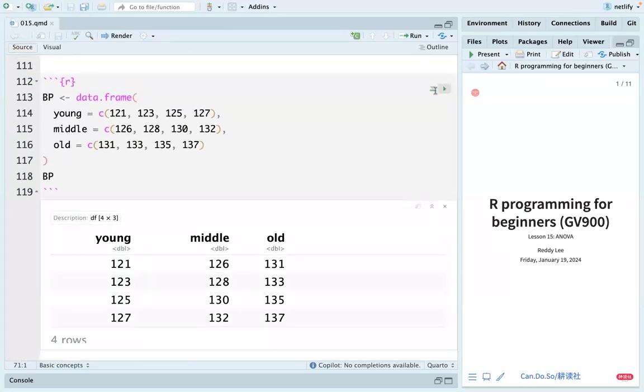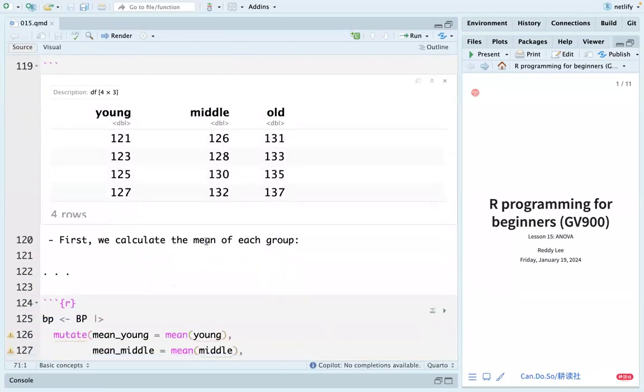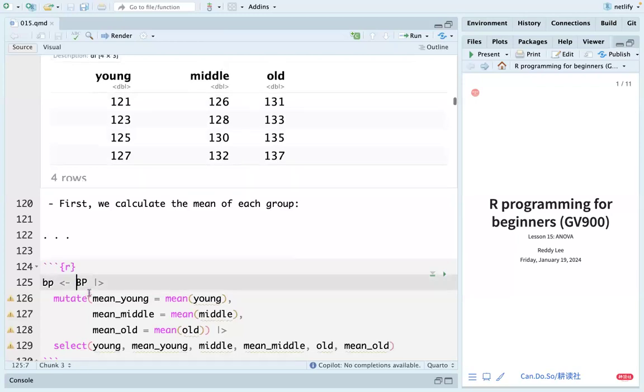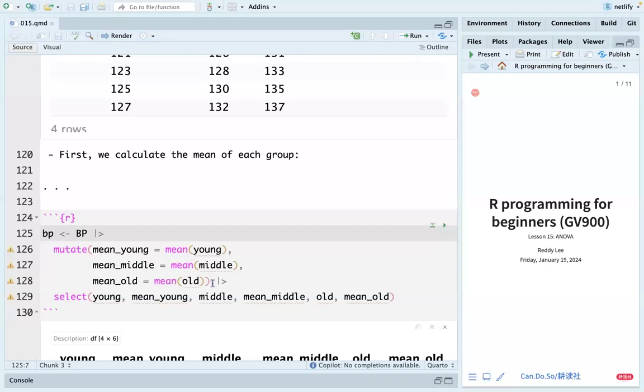Okay, this is the data we have. And first we calculate the mean of each group. So we take data, this BP, take data and mutate the mean.